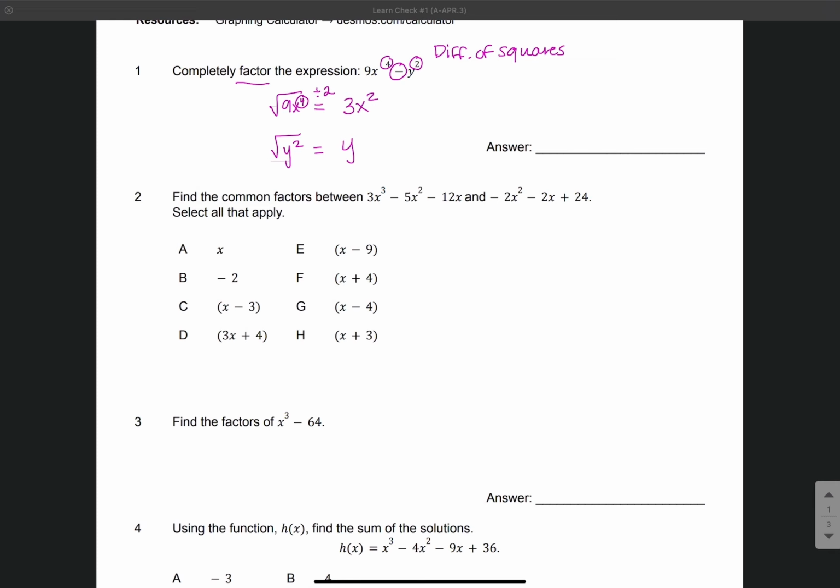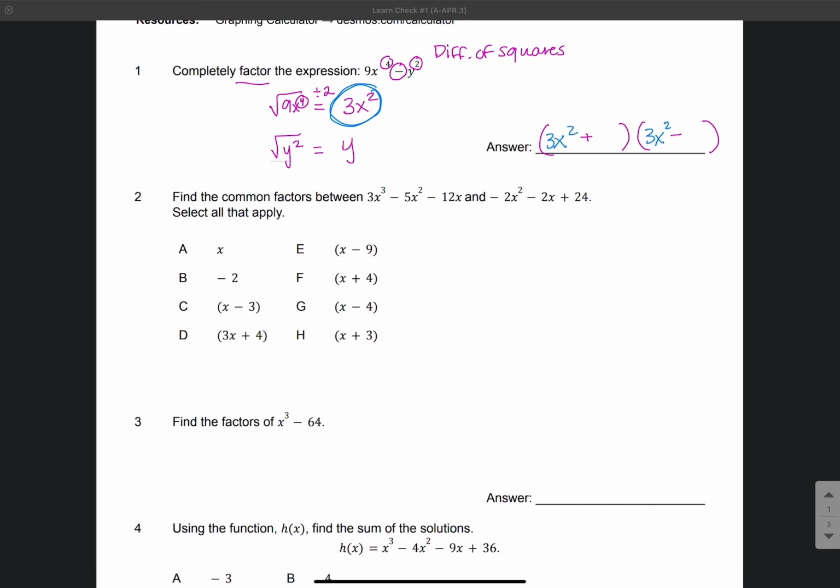So we're going to need 2 parentheses. These are small and small. So you need a plus and a minus sign. It technically doesn't matter which one is which. Then you're going to be doing the square root of the first term in the beginning. So 3x squared and 3x squared.